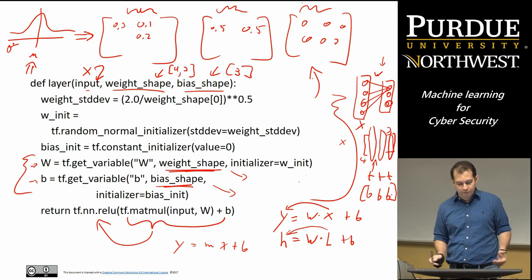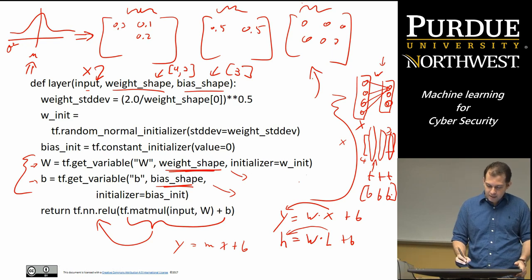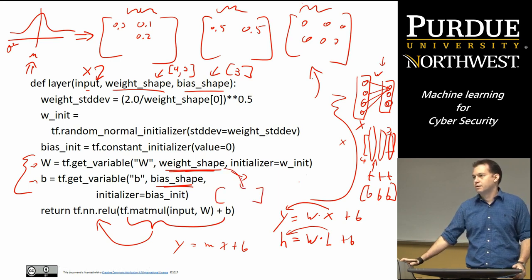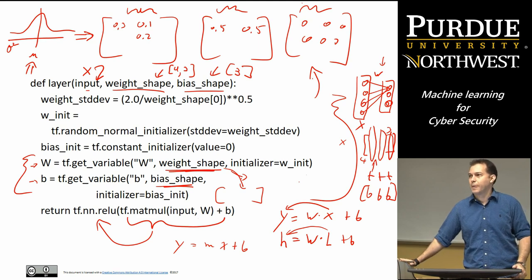So could you have made some way that, could you do this, for instance? I guess maybe this is your question. Could you say, oh yeah, by the way, bias shape is just the shape of weight shape, but the second one? That's perfectly fine. It always is the same. Yes, that's what I was trying to ask.